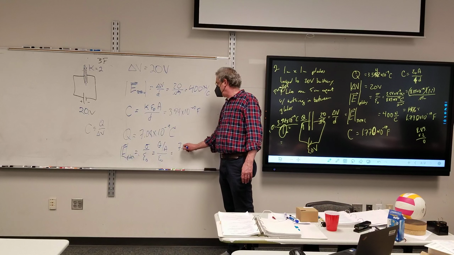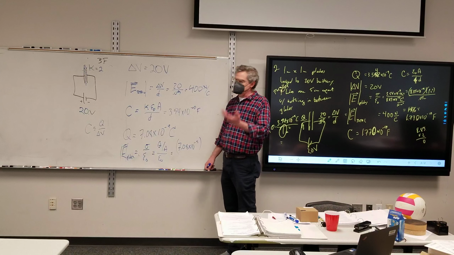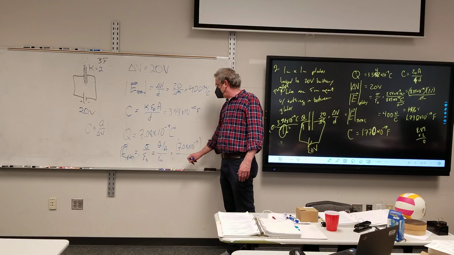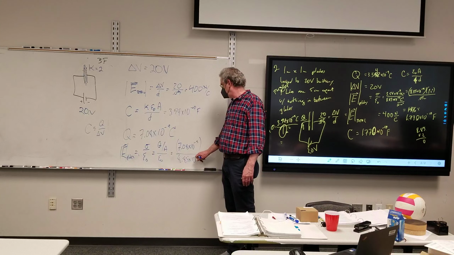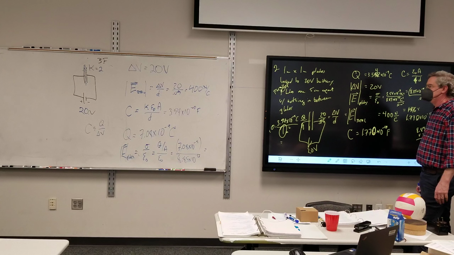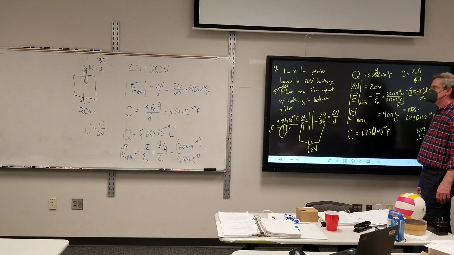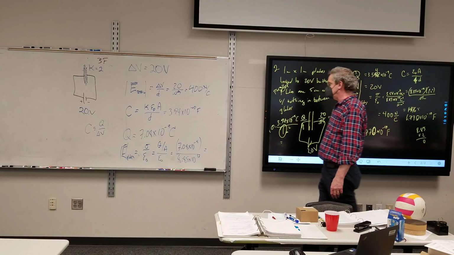So 7.08 times 10 to the negative 9, my area is still 1 square meter, divided by 8.85 times 10 to the negative 12. Well, area stays the same, epsilon naught is the same. If I double my charge, I should be doubling that electric field, so that should be 800.